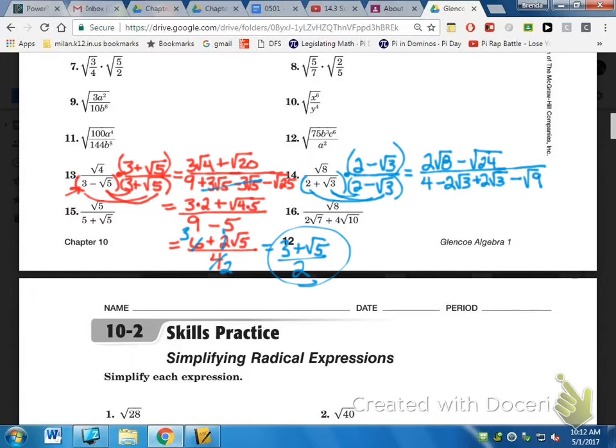So I'm going to try to clean this up a little bit. 2 times, and on the top I'm going to put 4 times 2 underneath that one. What should I put under for radical 24? 4 times 6. Okay, and then this, I want to show you that these two will definitely cancel out. And I would be left with 4 minus 3.